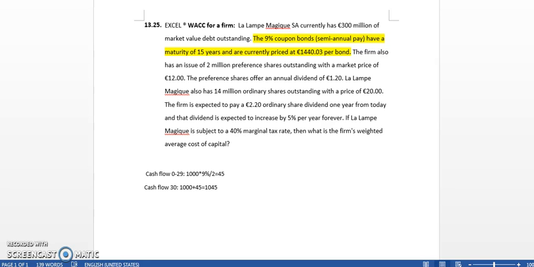Okay, let's get your financial calculator on hand. I'm doing this at the same time, and I will write down the things I'm doing with my financial calculator as well. So first I press on and off, of course, and I press CF and it shows CF0 on the screen.